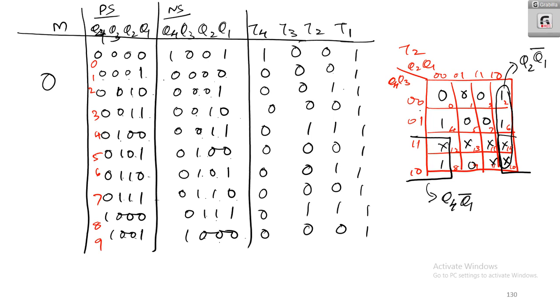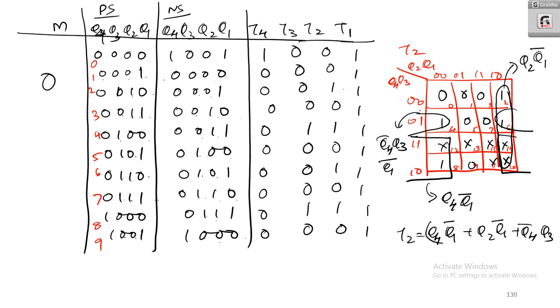So I am clubbing that 2. What will you get? Q4 bar Q3, which is common here Q1 bar. So you can write T2 as Q4 Q1 bar, or Q2 Q1 bar, or Q4 bar Q3.